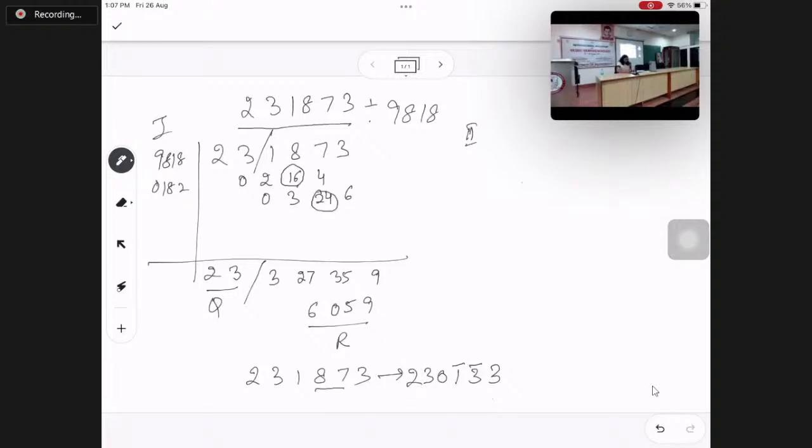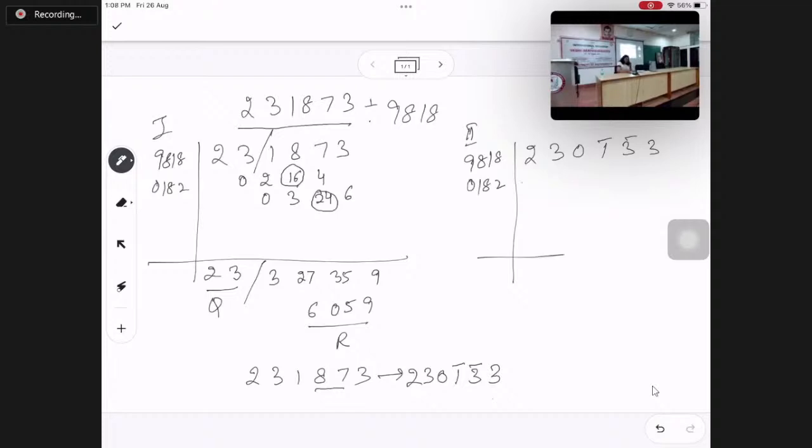We will use this vinculum instead of 231873. In this case, you won't get double digits. So it is 2, 3, 0, 1 bar, 3 bar, 3. And we divide it by 9818, and the modified divisor is 0182.